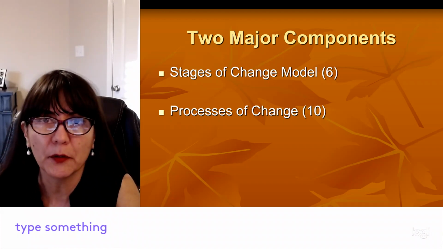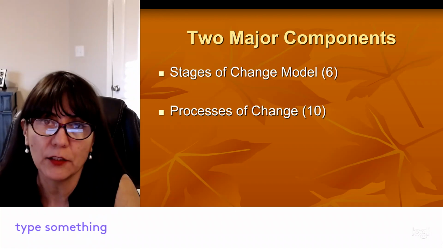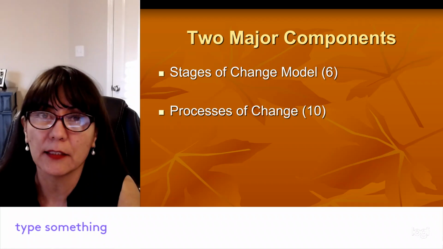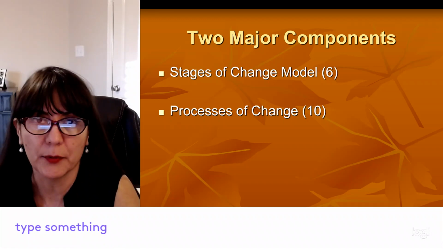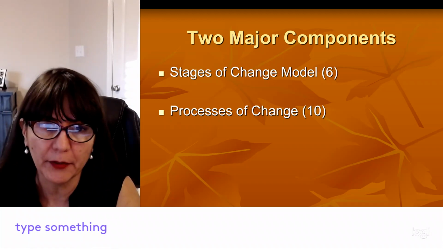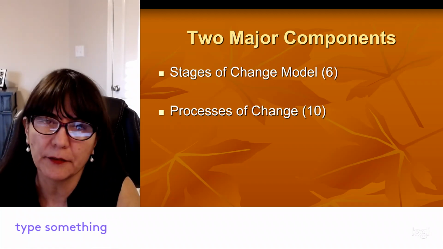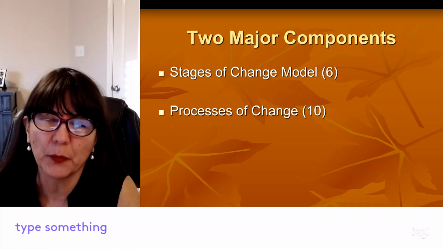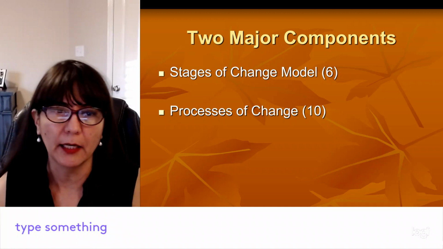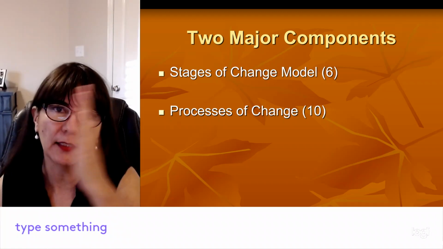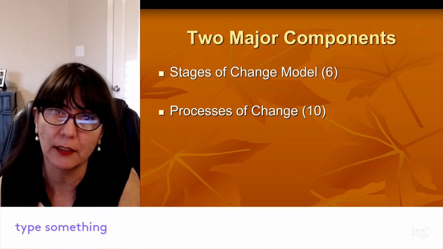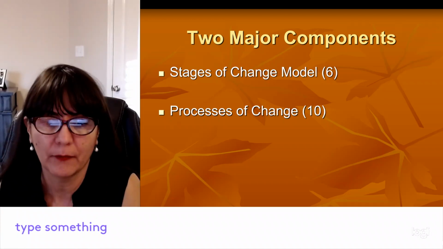The two major components discussed are the stages of change, which basically defines how ready a person is to engage in a specific desired behavior or to stop an undesired behavior. And then the processes of change, which are those processes that have to occur in the individual in order to transition them from one stage to a later, more advanced stage toward the desired behavior change.